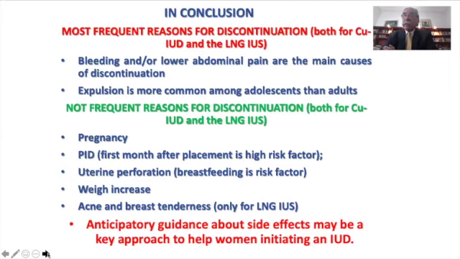Anticipatory guidance about side effects might be a key approach to help women initiating an IUD and to avoid early removal, which in many cases puts the women on lower contraceptive effectiveness than an IUD. Thank you very much for your attention.